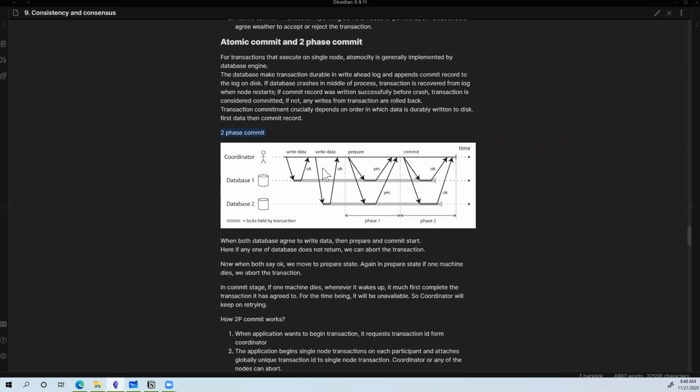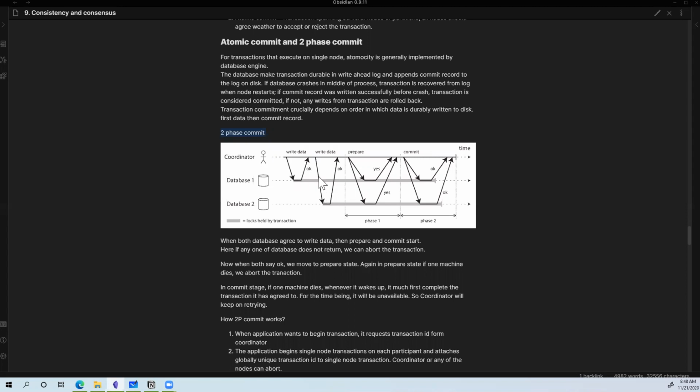The point is that up till this point, when you initially ask them to write some value, if any one of them responds with no, then the transaction is aborted.